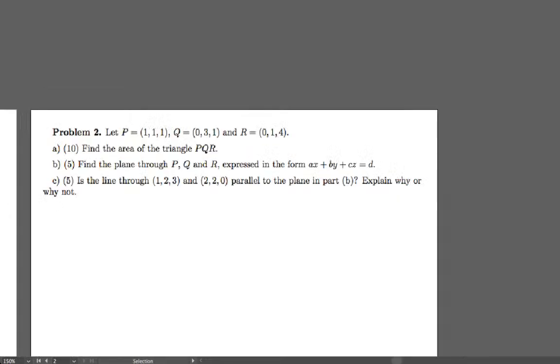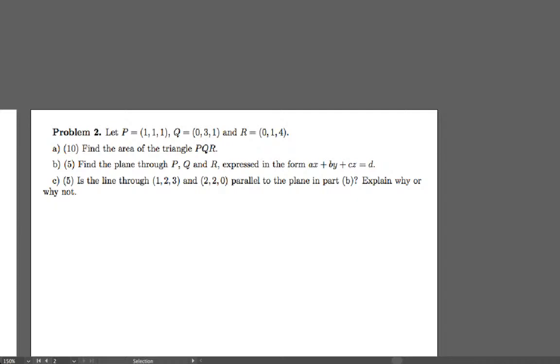Okay, problem 2. Let P be the point (1, 1, 1), Q is (0, 3, 1), and R is (0, 1, 4). These are the points in a Cartesian coordinate system. So A, find the area of the triangle PQR. Wow. You might be thinking, "Oh wow, that's crazy."